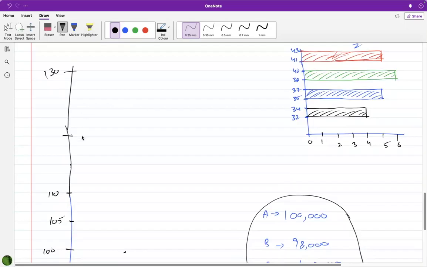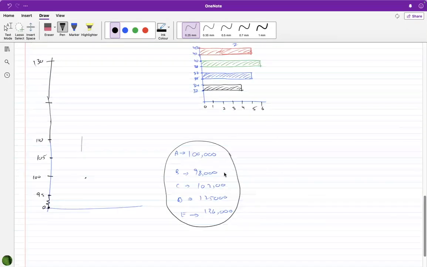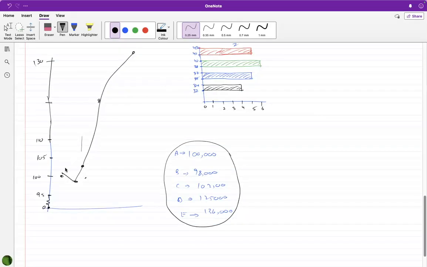Now I can vertically stretch my graph. So quickly marking them: 100, 98, 102, 125, 136. That is a vertical stretch and I can make that comparison.